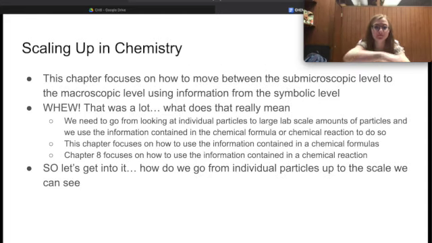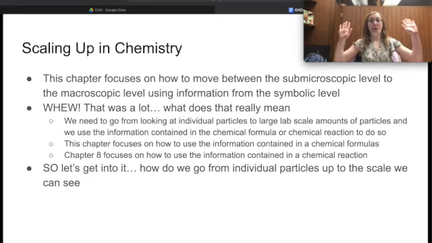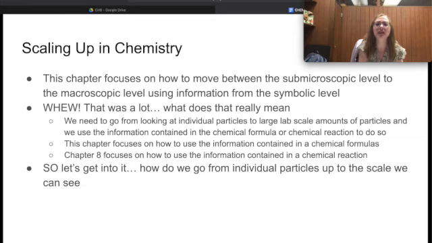So this chapter actually focuses on how to move between the submicroscopic level and the macroscopic level using information from the symbolic level. What does that even mean? What did I just say? Basically, we need to go from looking at individual particles, individual atoms, ions, compounds, and molecules, to large lab scale amounts of particles.